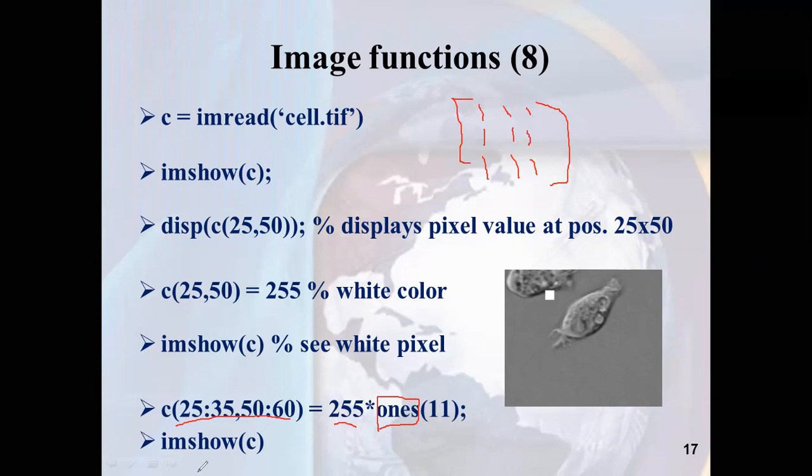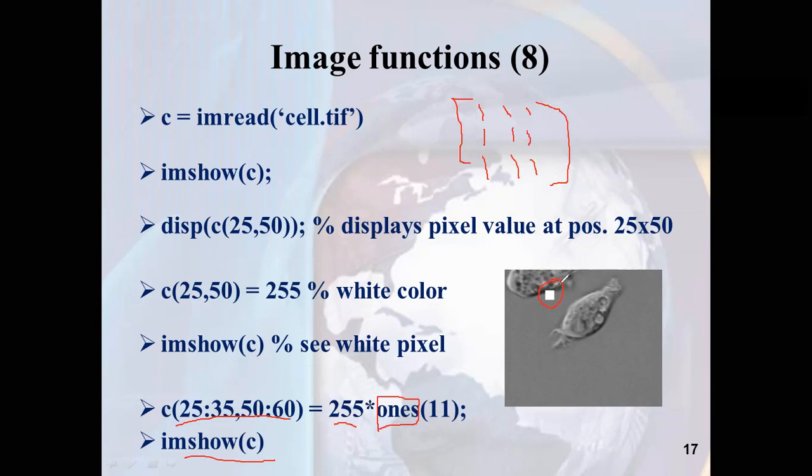Now, when we do imshow, we will obtain this block in the image. Each pixel is converted to white because its value becomes 255.